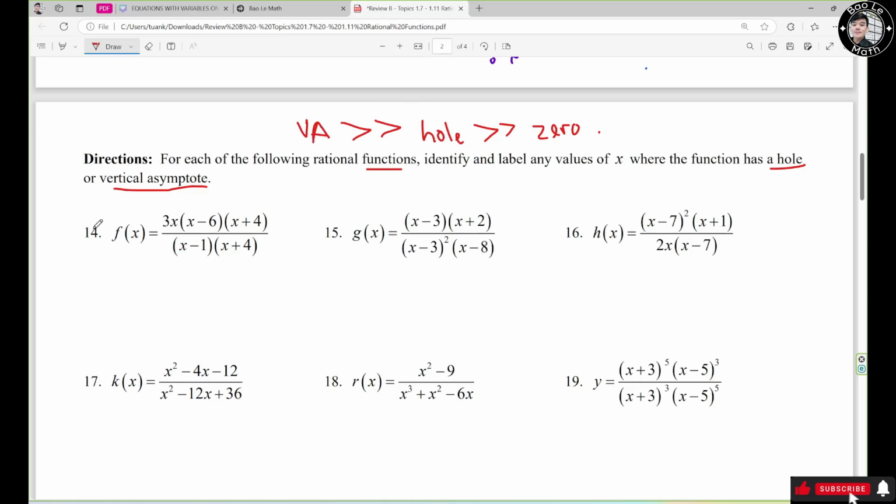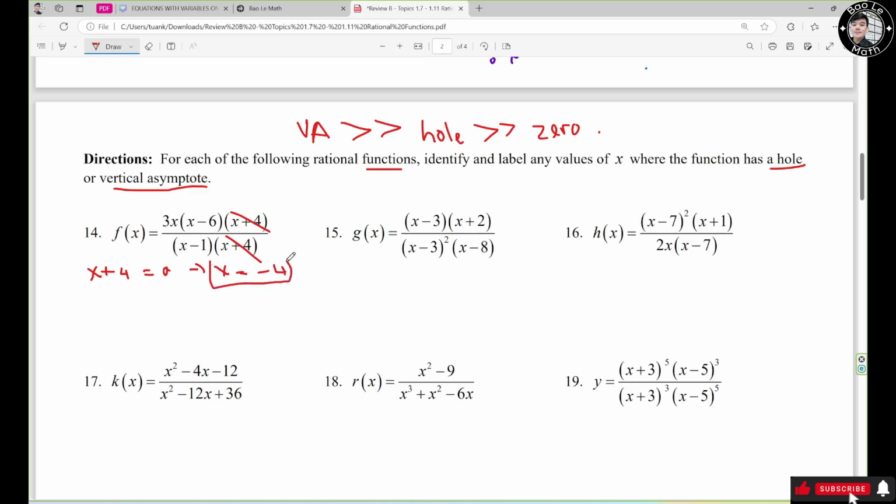So look at number 14 right here. You see that x plus 4 and x plus 4, these guys are common factors on the numerator and denominator. So they should be canceled out, right? So if you cancel out the common factor, this guy must be a hole, right? So the hole is s plus 4 equals 0, and then s equals negative 4, right?